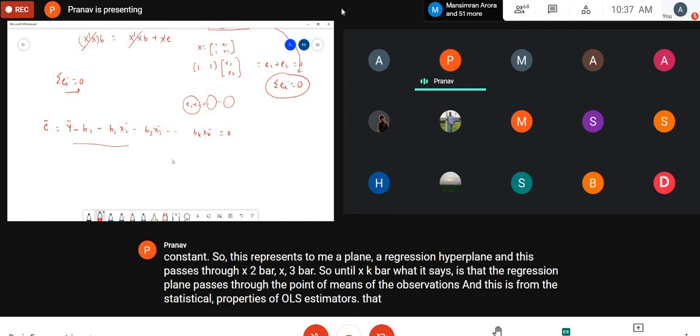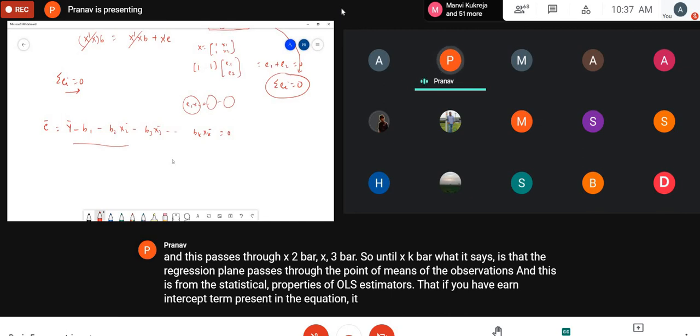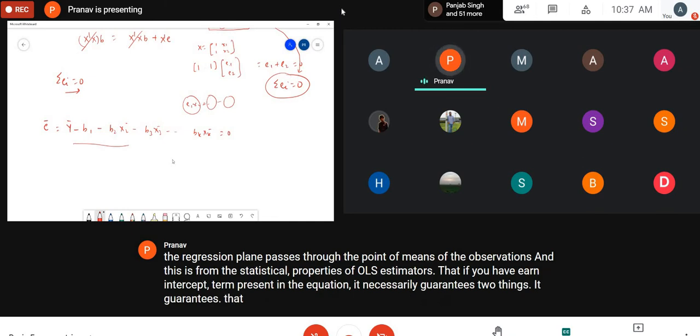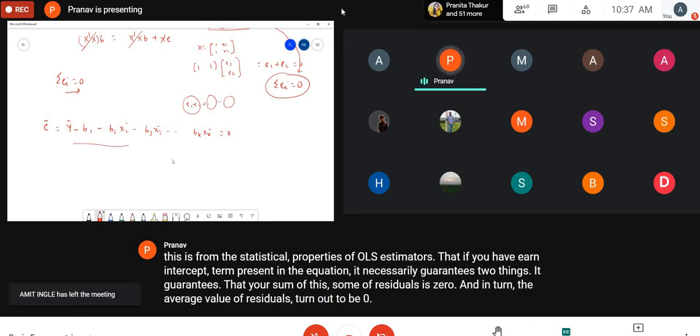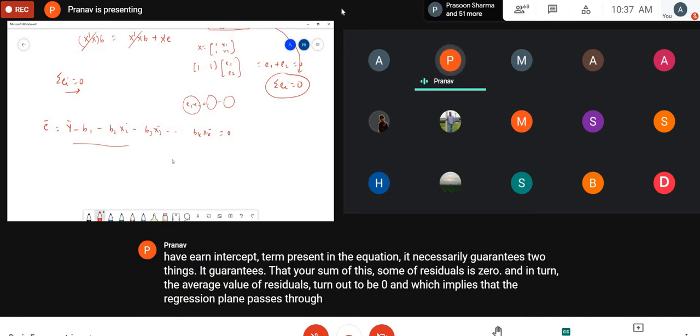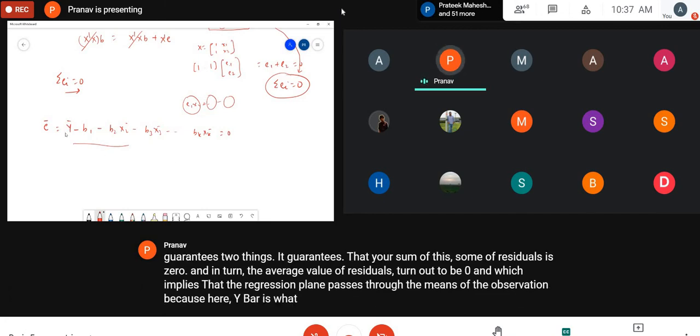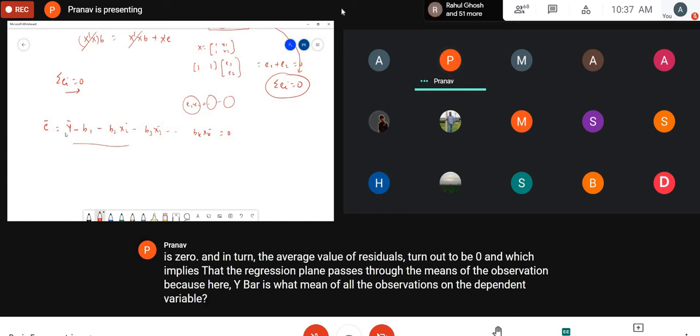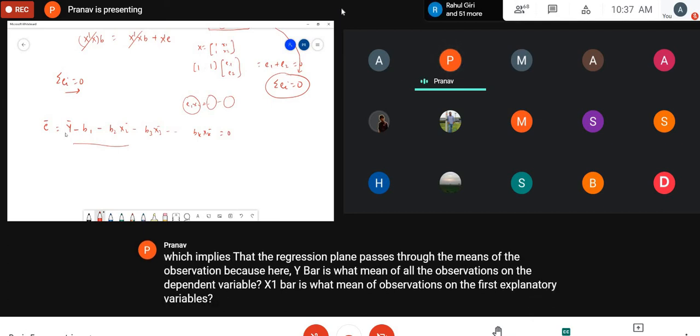That if you have an intercept term present in the equation, it necessarily guarantees two things. It guarantees that your sum of residuals is zero, and in turn, the average value of residuals turns out to be zero, which implies that the regression plane passes through the means of the observations, because here y bar is the mean of all the observations on the dependent variable, x1 bar is the mean of observations on the first explanatory variable, and so on till xk bar.